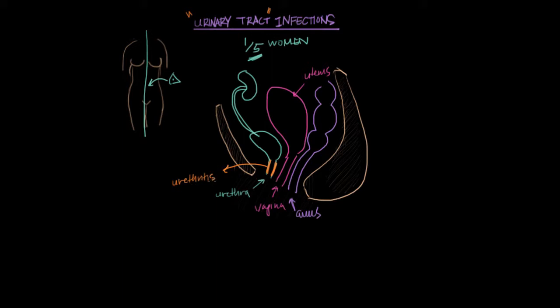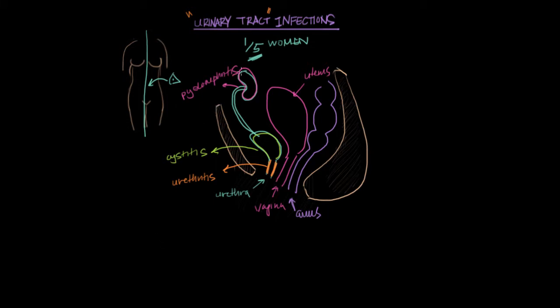Infection of the bladder, this portion right here, is called cystitis. And finally, infection of a kidney is called pyelonephritis. And the fact is that when most people talk about UTIs, they're actually talking about cystitis, or infection of the bladder.